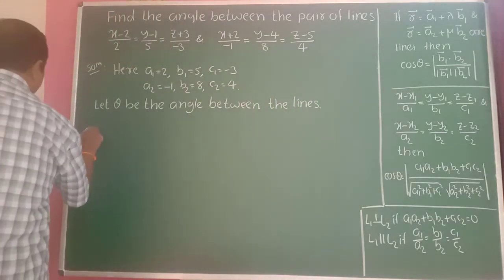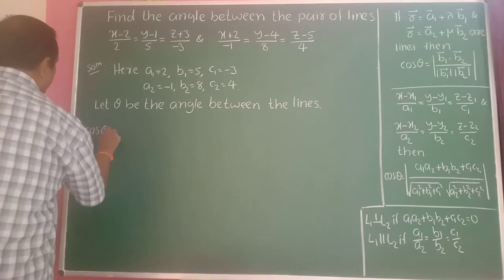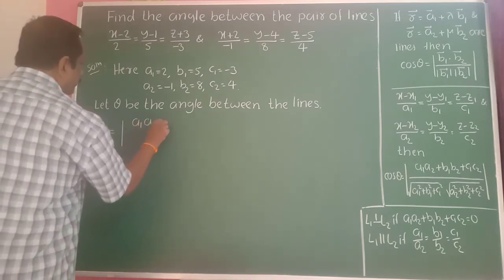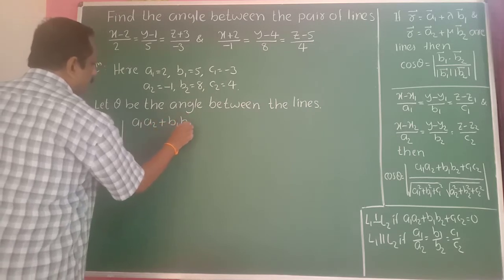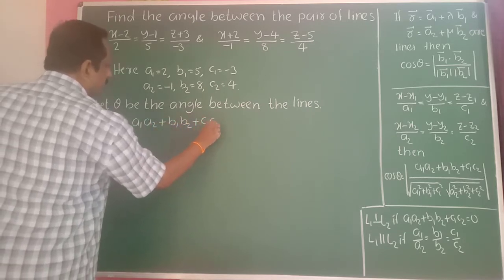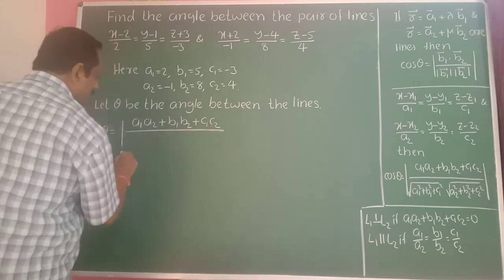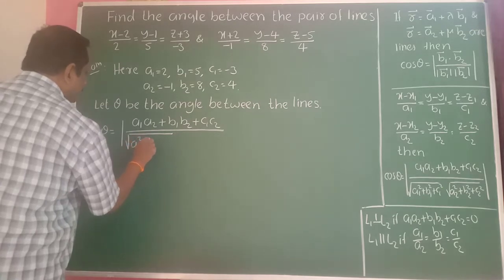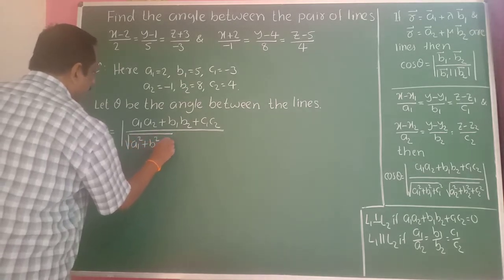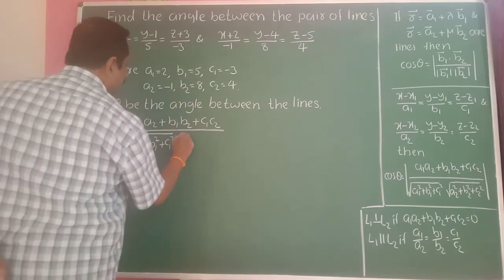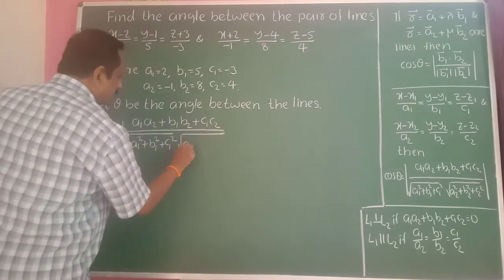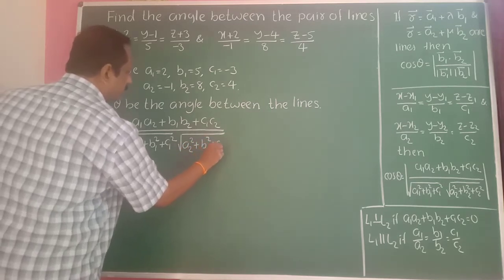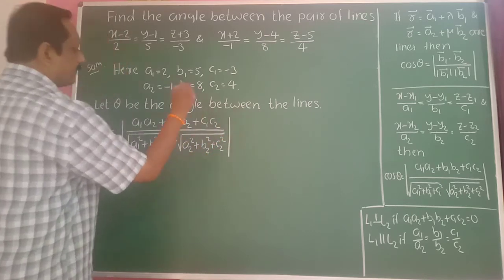Hence, cos of theta is equal to modulus of a1 a2 plus b1 b2 plus c1 c2 divided by root of a1 square plus b1 square plus c1 square, again root of a2 square plus b2 square plus c2 square.